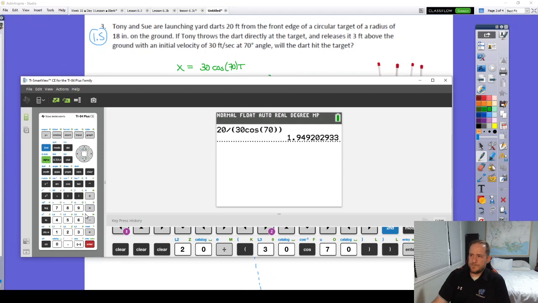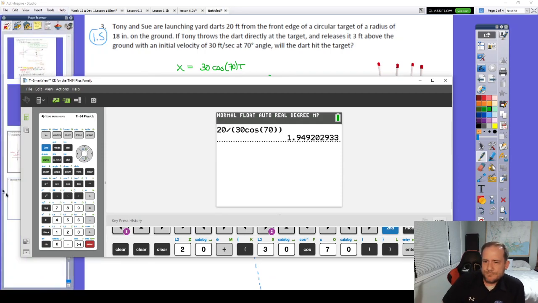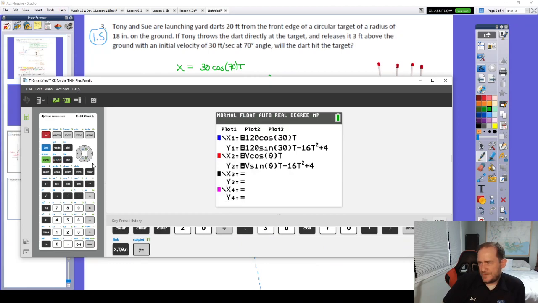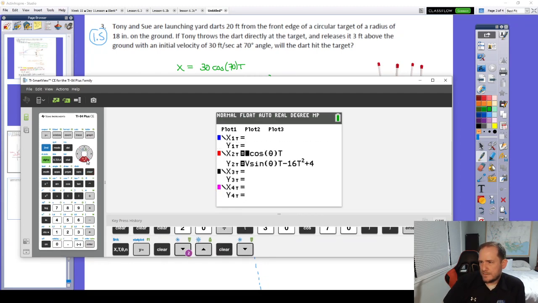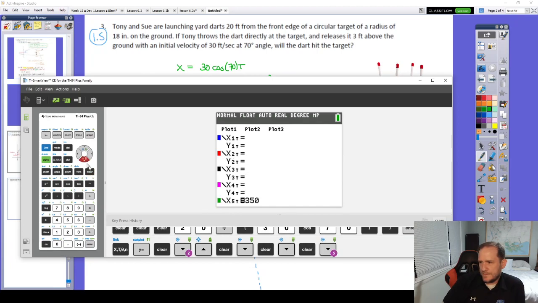So there's the time. I'll store that as t for time, I suppose. Let's save these equations for posterity. Nah, let's delete them. And let's delete our little guy. Our little wall. We don't need a wall anymore.